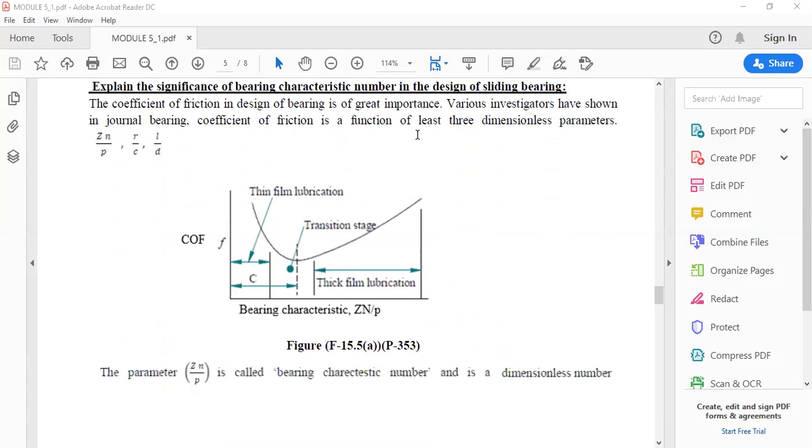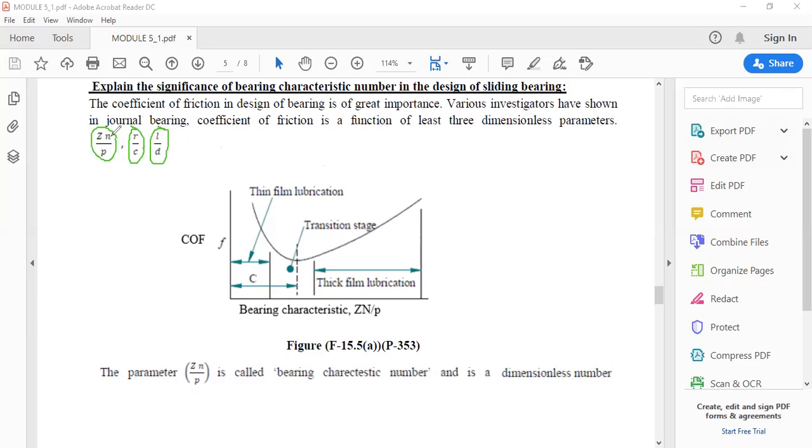While designing the bearing, the coefficient of friction plays an important role, and it is a function of three dimensionless parameters: the bearing characteristic number, that is Zn by P, where Z is absolute viscosity, N is RPS and P is pressure; R by C, the reciprocal of the radial clearance ratio, where R is the radius of the journal and C is the radial clearance; and L by D, that is the length of the bearing divided by the diameter of the bearing. So these are the three important terms here.